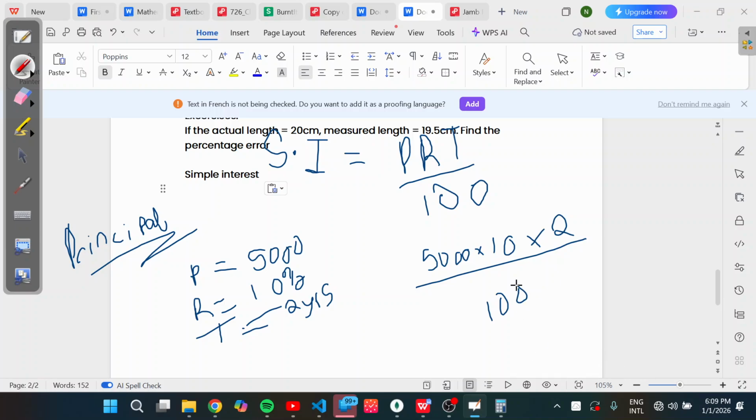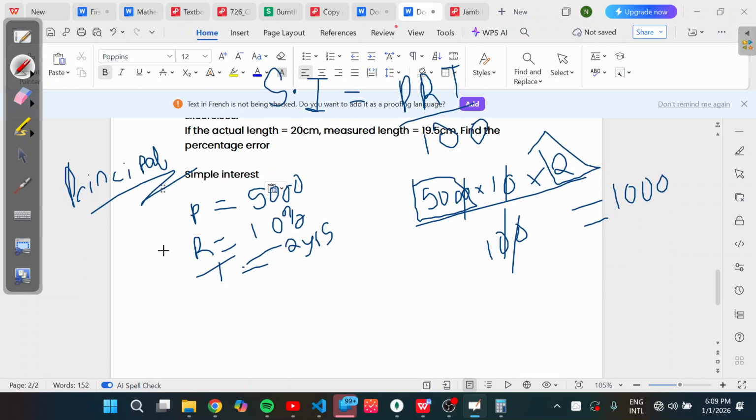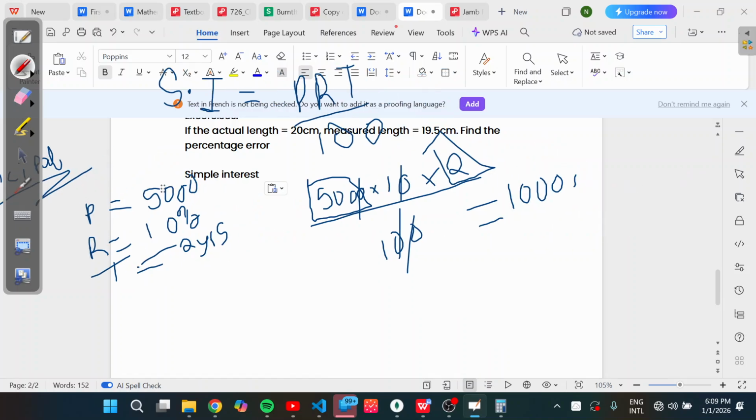So we can solve this ourselves, that's the use of a calculator. The first 0 will cancel a 0, and the second 0 will cancel the other 0. So we're left with 500 multiplied by 2, and that's going to give us 1,000. So under the instructions we're given, which is principal 5,000, rate 10%, and time 2 years, the interest gained would be 1,000 naira.